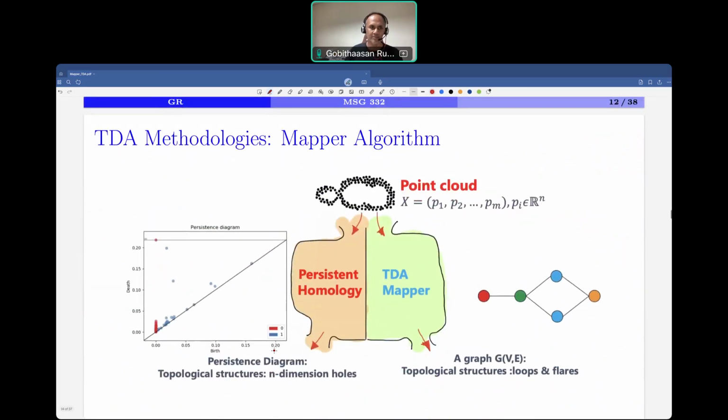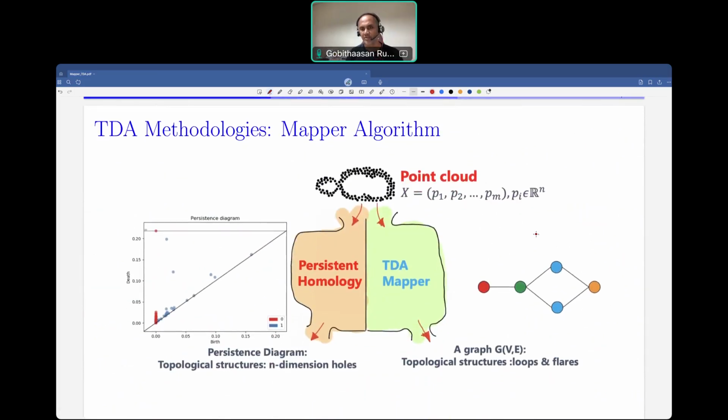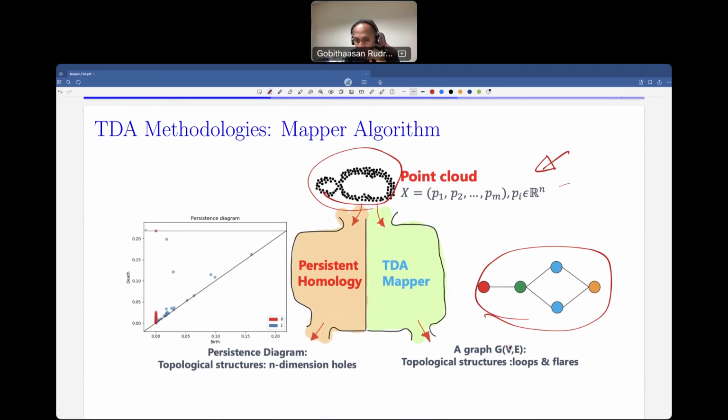Right, so now you understand the story behind the Mapper algorithm. As I said, given an input, a point cloud, you end up getting exactly this network, which is called a graph, a mathematical object: a collection of vertices and edges.